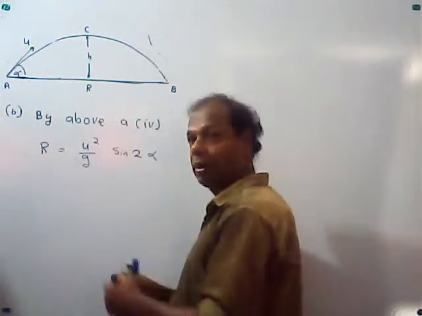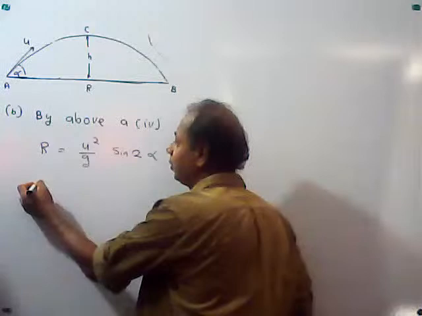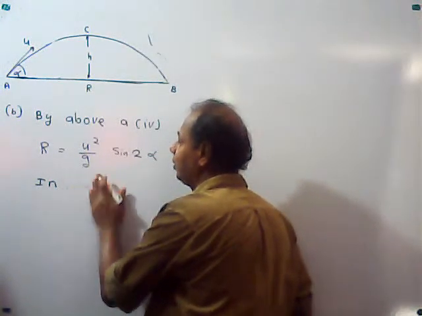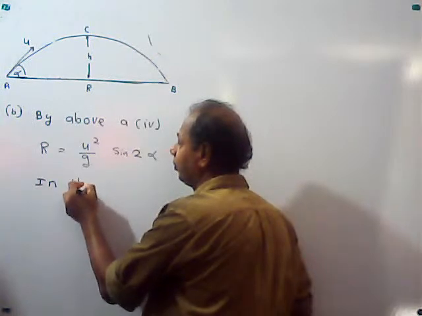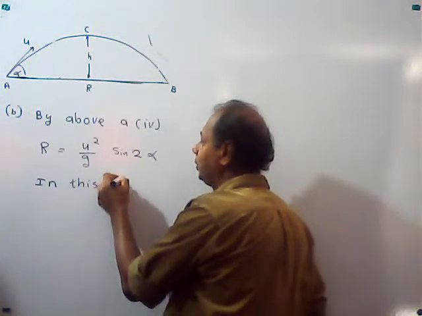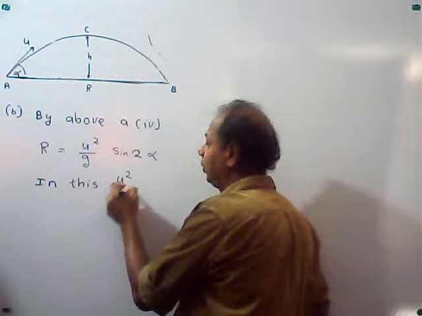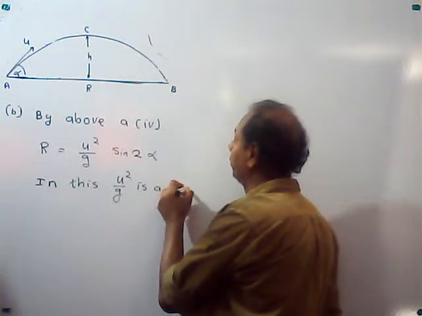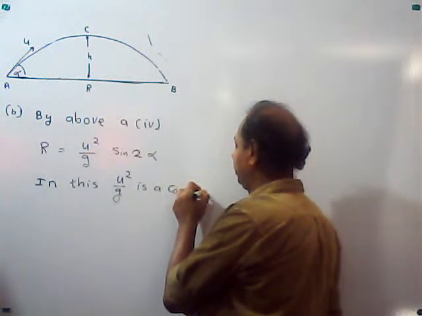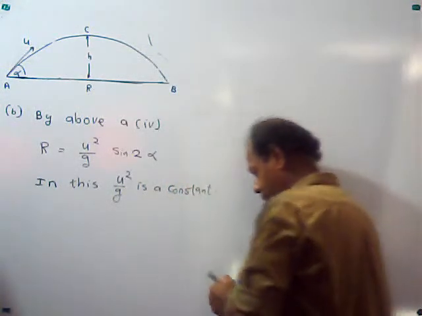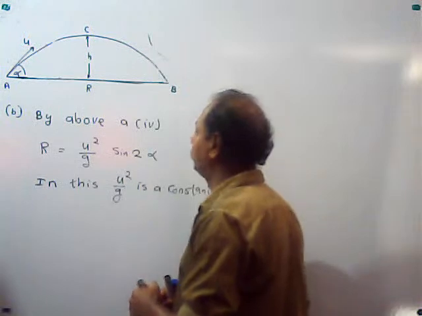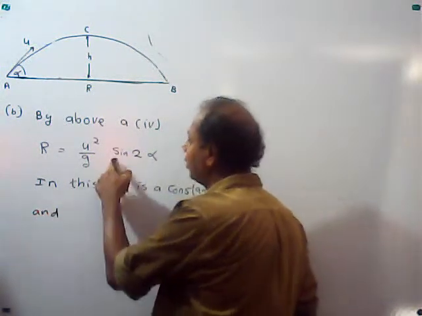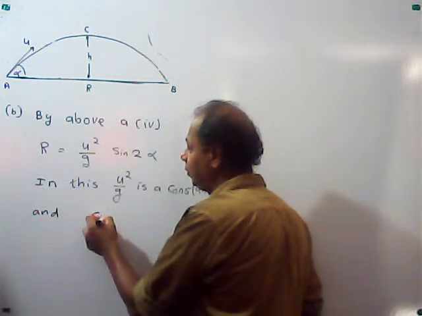So we want to find the maximum of R, and we know that U squared over g is a constant, and sine 2 alpha varies.